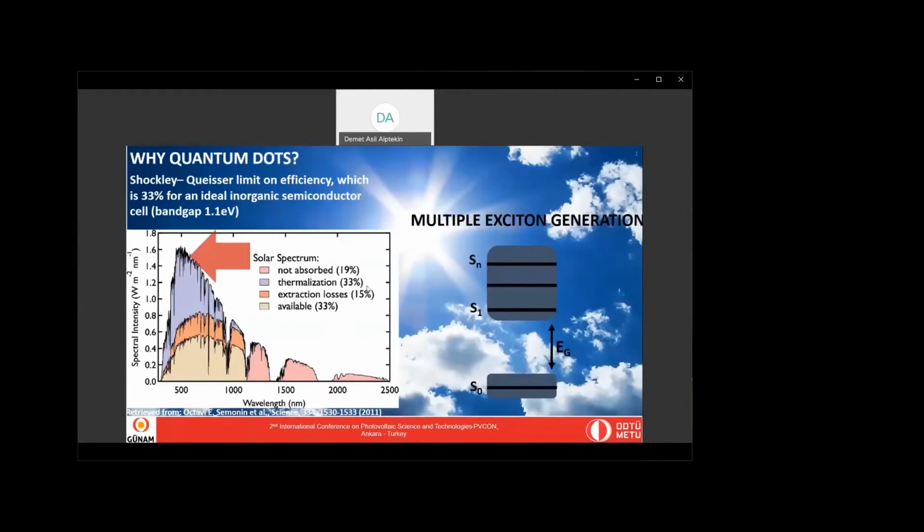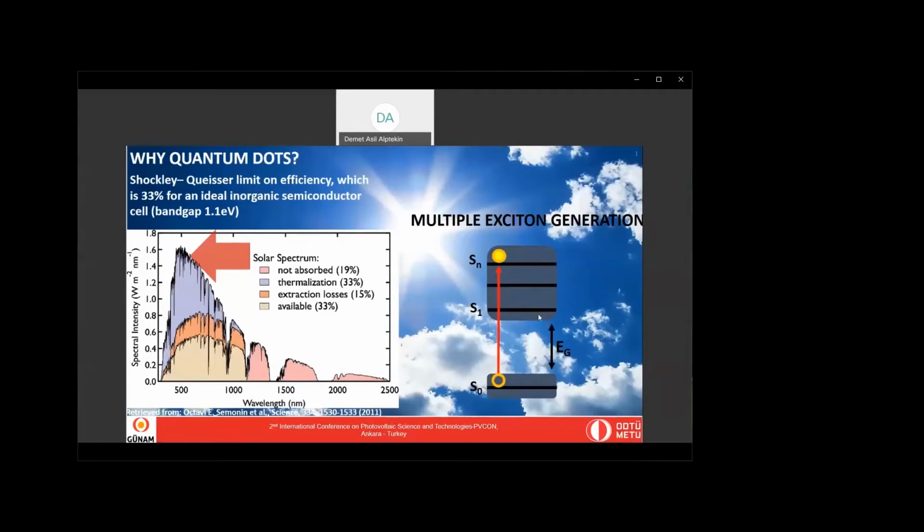What happens during that process is we can create more than one electron hole pair due to absorption of a single photon. And then the absorption of photon above their band gap does not lead to thermalization losses, but the extra energy is used to create multiple excitons.